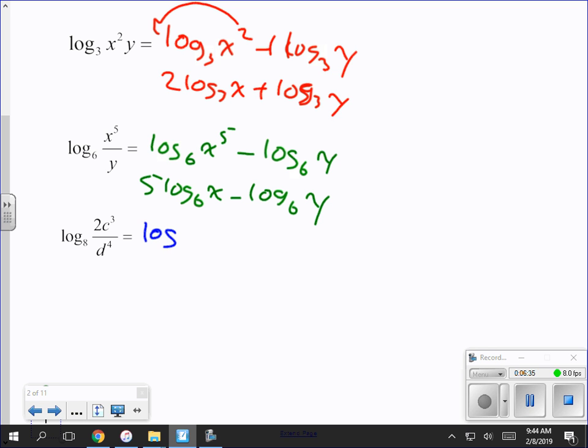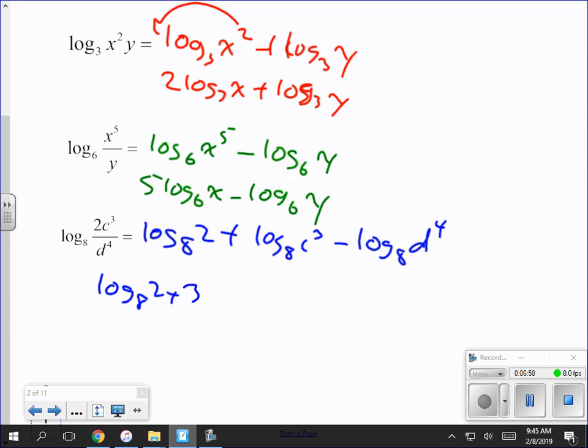So I have log base 8 of 2 plus log base 8 of c cubed minus log base 8 of d to the 4th, and then bring your exponents in front. Log base 8 of 2 plus 3 log base 8 of c minus 4 log base 8 of d.